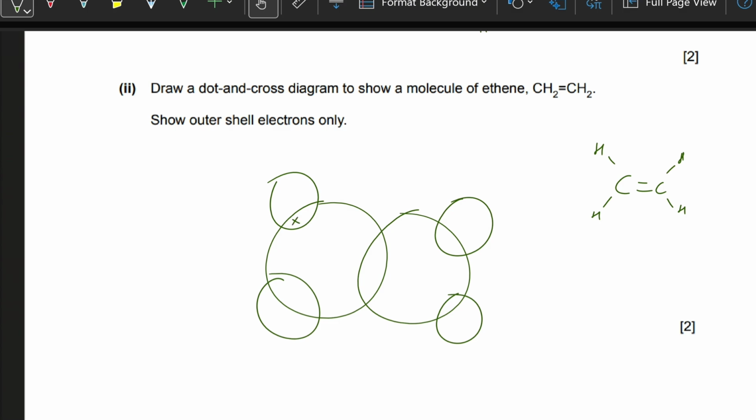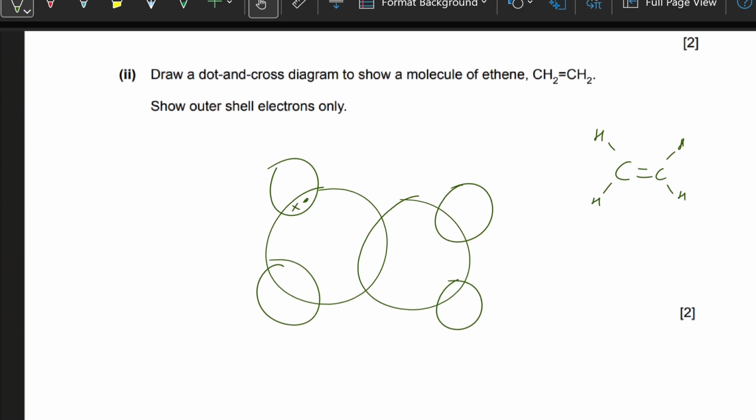And now, cross dot. So 1 single bond, so 1 electron sharing each. This is hydrogen, this is hydrogen, this is hydrogen, this is hydrogen, this is carbon, and this is carbon. Now these both will have 4 electrons sharing between each other because they have 2 bonds. This is the answer.